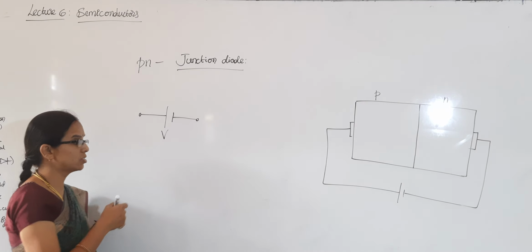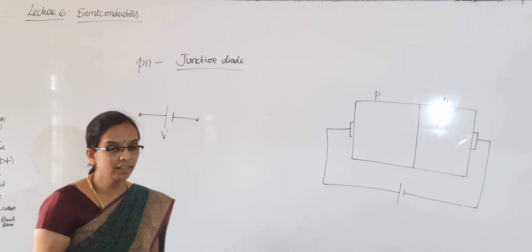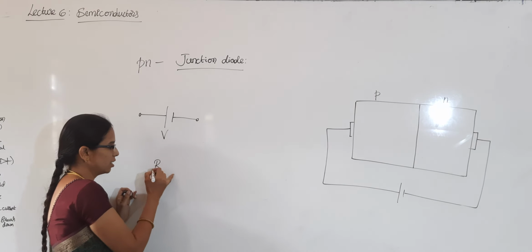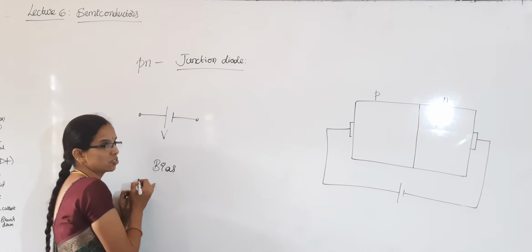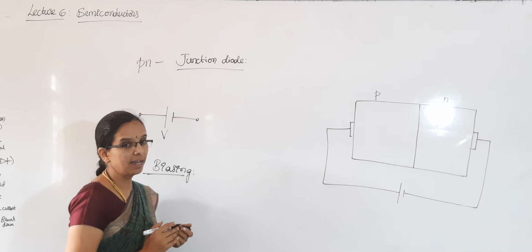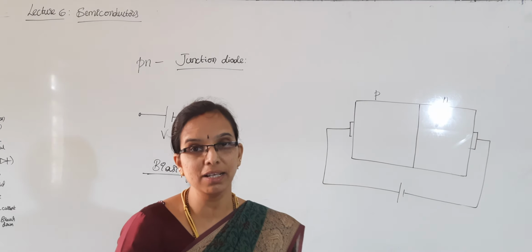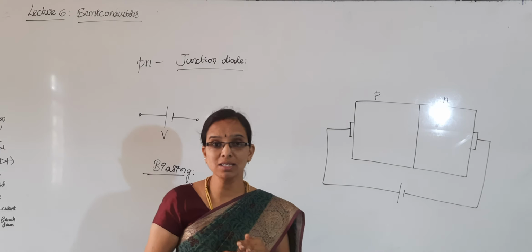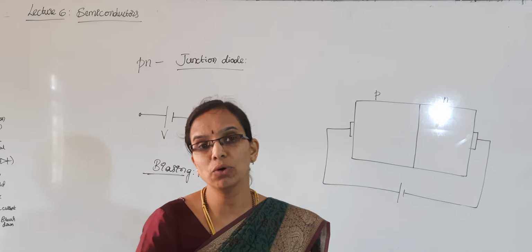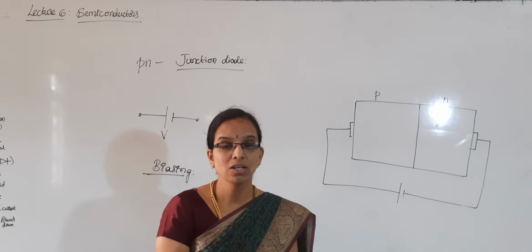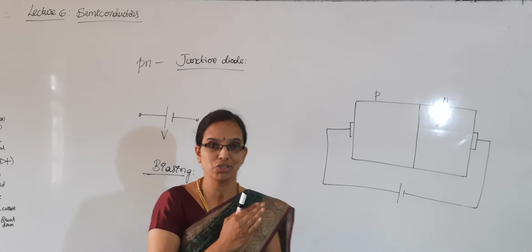external voltage. Connecting the external voltage to the diode is called applying external voltage, and that is called biasing. In electronics, biasing means supplying or applying an external voltage so that the circuit will function.